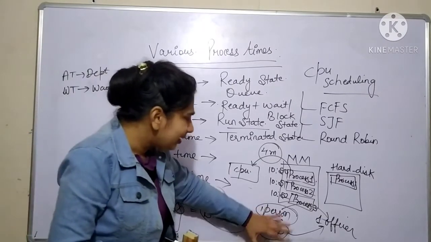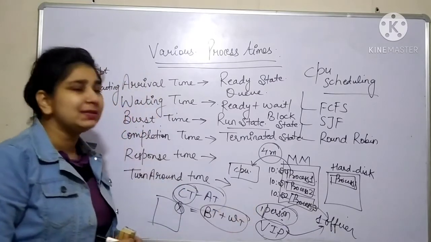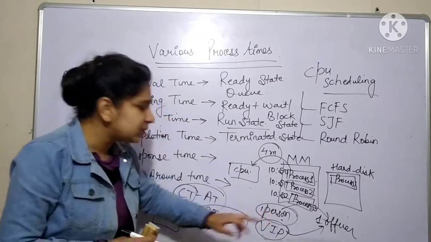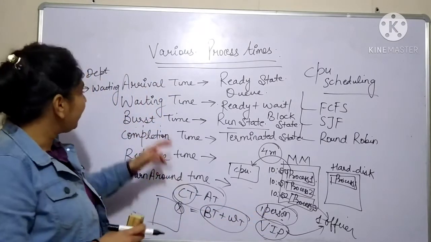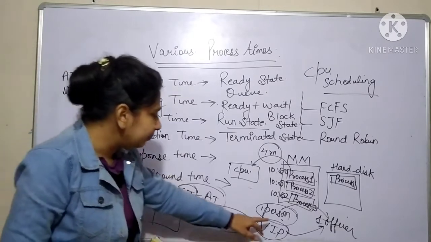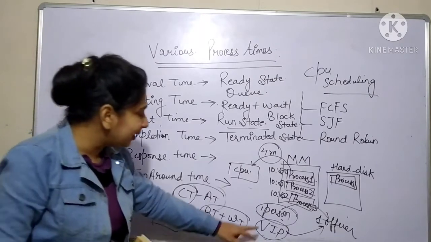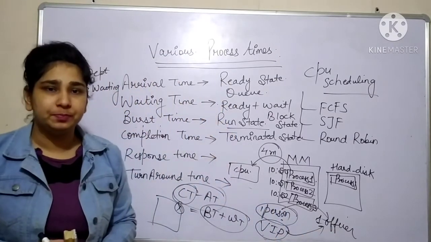So now let's try to understand all these terms from this example. What is the arrival time? When this person comes into the department, we call it the arrival time. Waiting time: when this person is waiting in the department before meeting this officer.